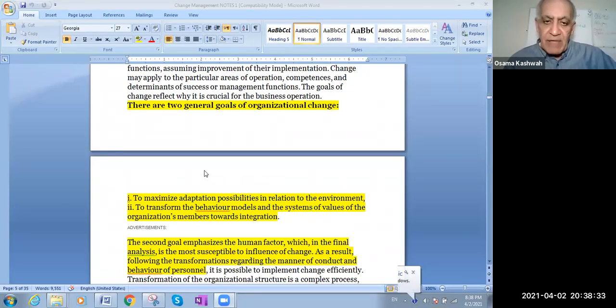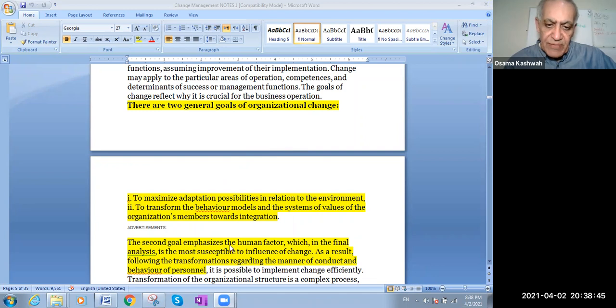So here we go. I would like to say first that there are two general goals. Let us share the screen so everyone can see what I'm doing. Usually we have two general goals of organizational change. The first is to maximize adaptation possibilities in relation to the environment.